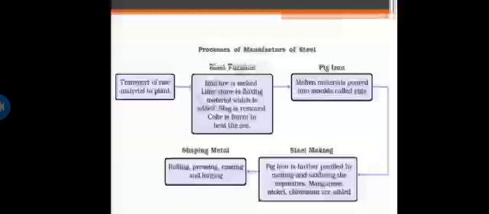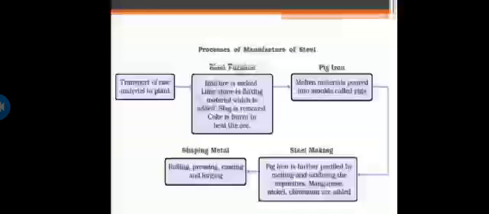Process of manufacture of steel. Let us see how it is manufactured. Okay, transport of raw material to the plant. The ore is transported to the steel plant. In the blast furnace, iron ore is melted, limestone is fluxing material which is added, slag is removed, coke is burned to heat the iron ore.